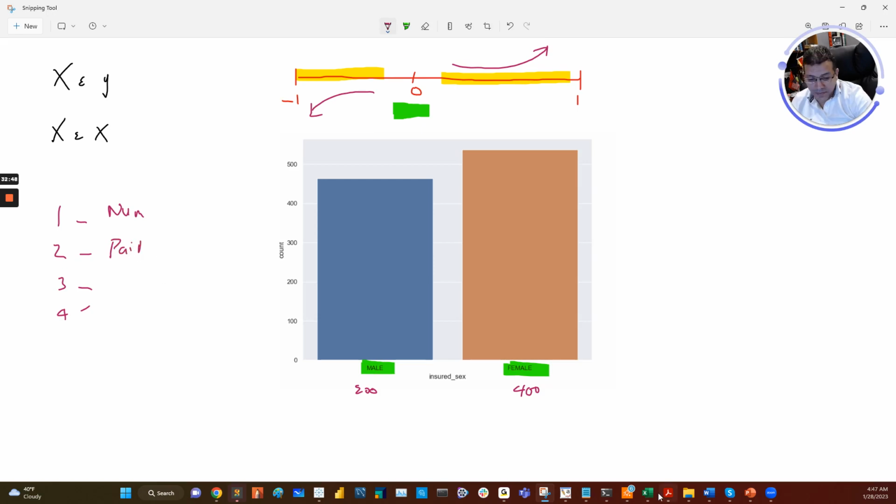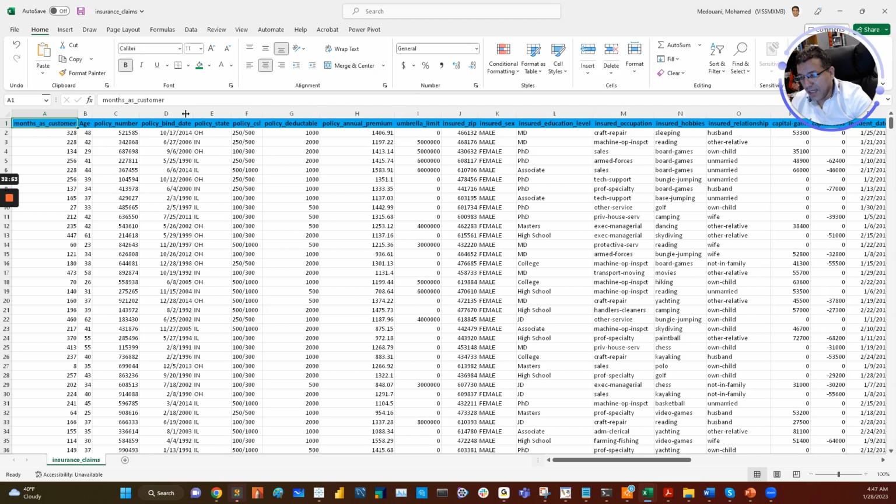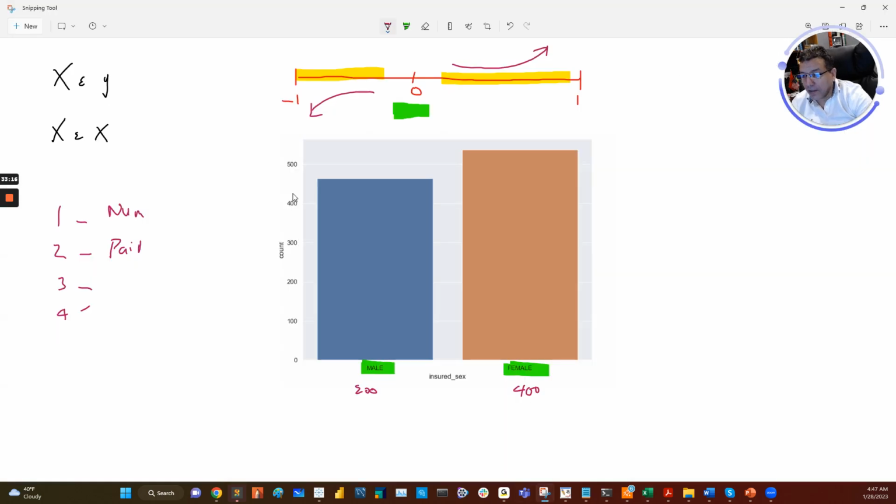Pair means, for example, if you have 1000 records, you can't do correlation with X1 having 500 records and X2 having 3000 records. They have to be 3000 and 3000, or 500 and 500. That is called a pair. So you have to have a pair to apply correlation.